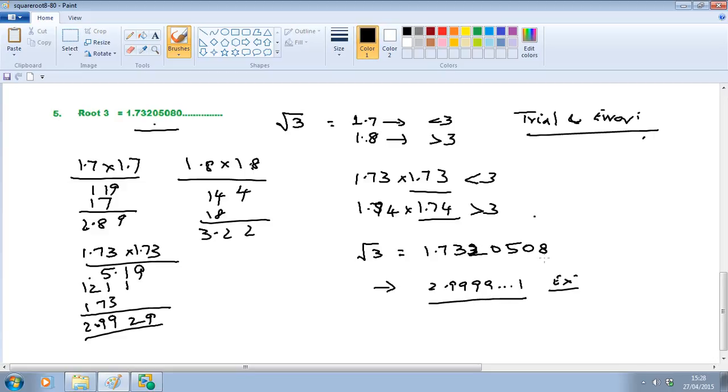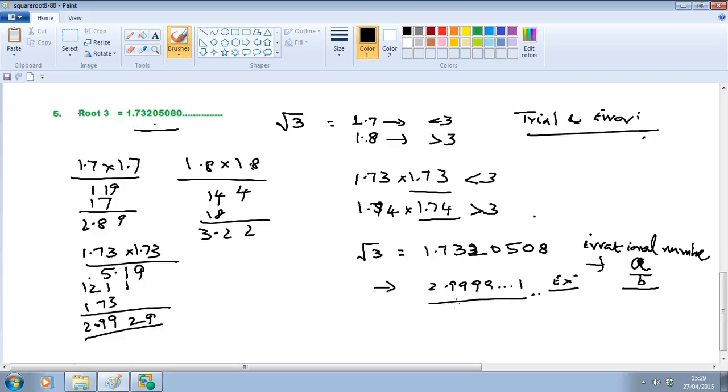That is why this root 3 is called an irrational number. What is the definition of an irrational number? We can't express it in the form a by b, where both are natural numbers. Something like 2.9, like this it goes on.